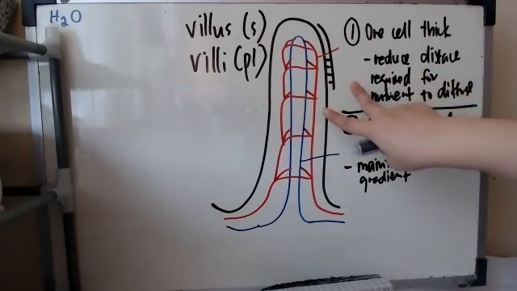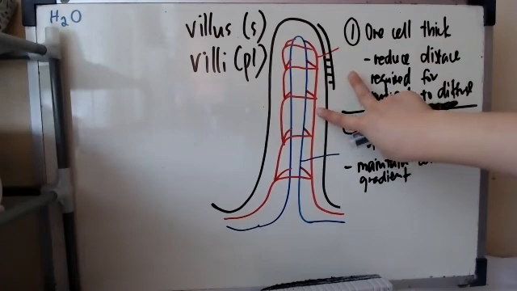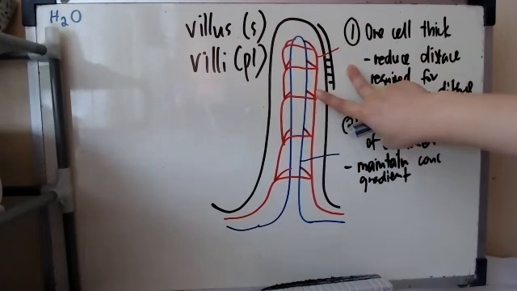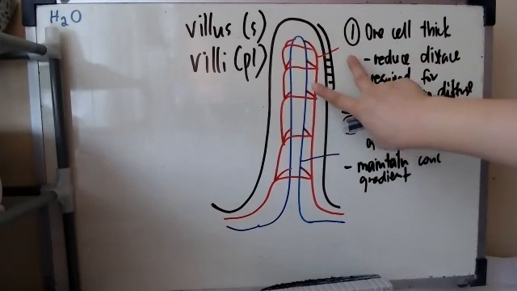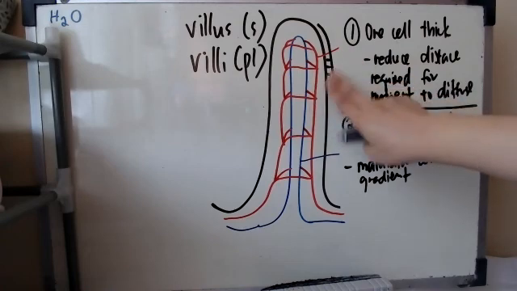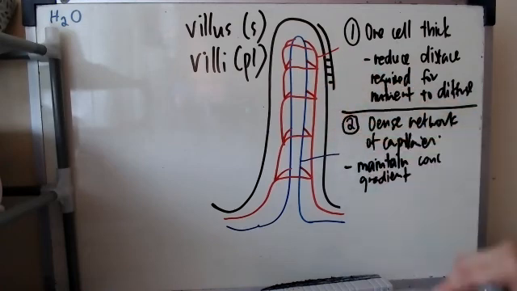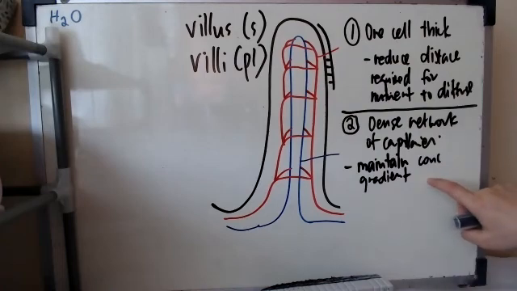That means the difference is always there. You have a high concentration of nutrients in the lumen and a low concentration over here. So it will result in a higher rate of diffusion. This is how you maintain the concentration gradient.